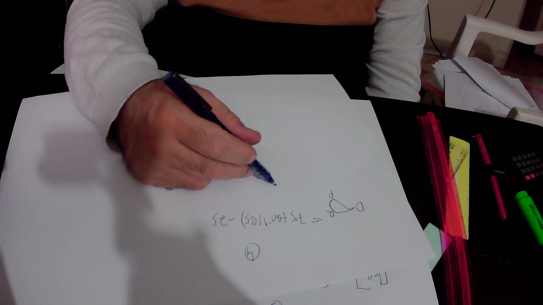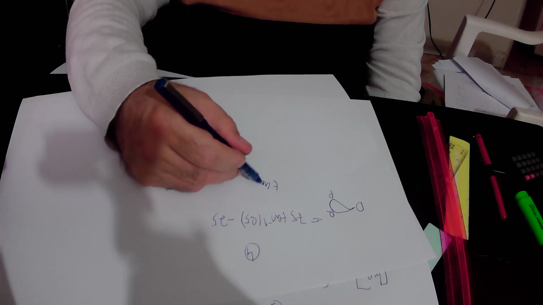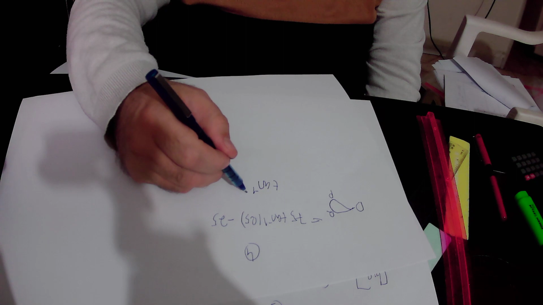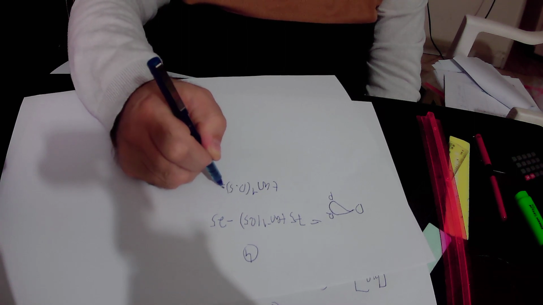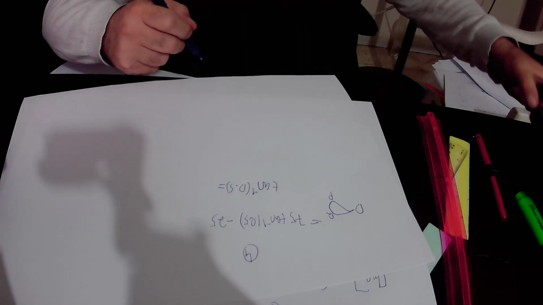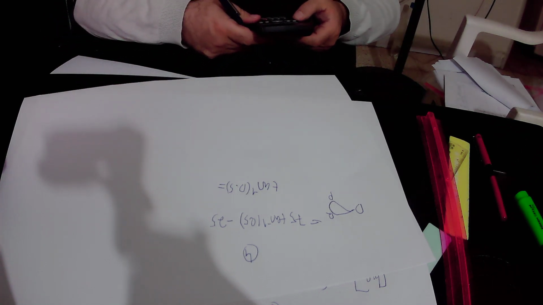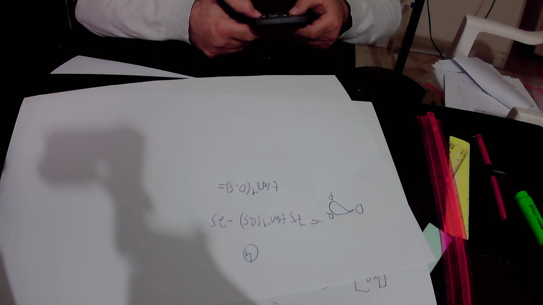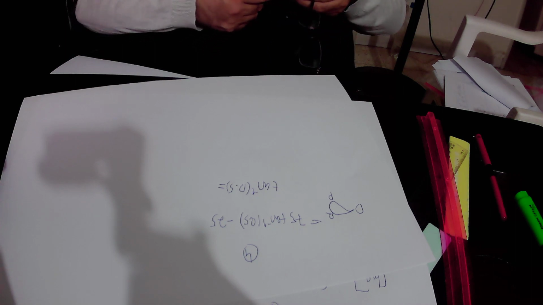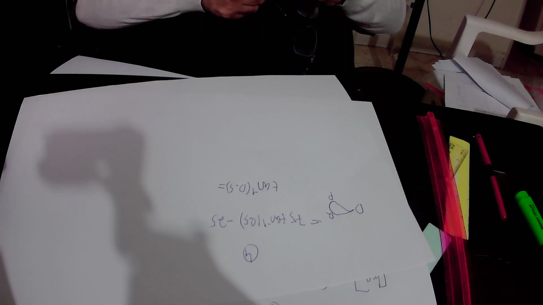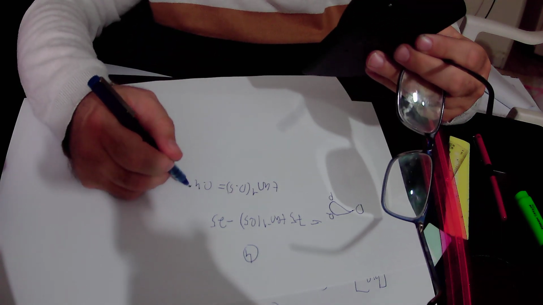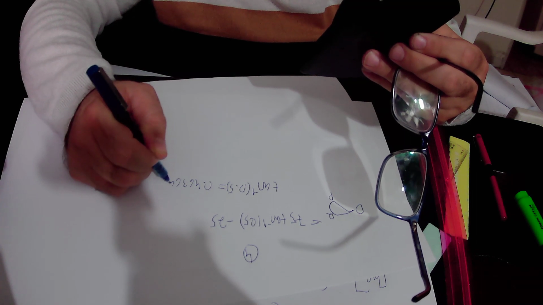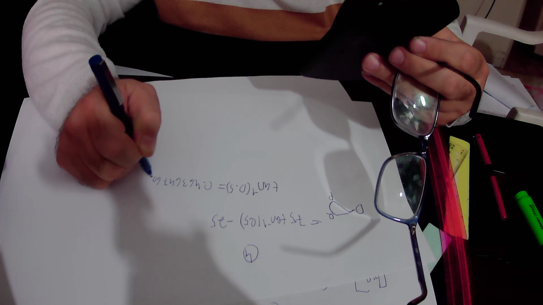So the inverse function of tangent of 0.5 in terms of radians is equal to 0.463647609.